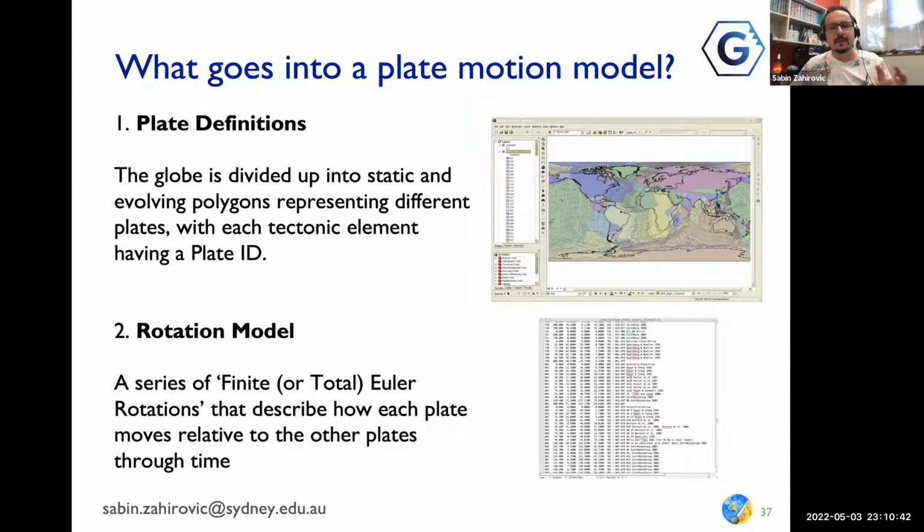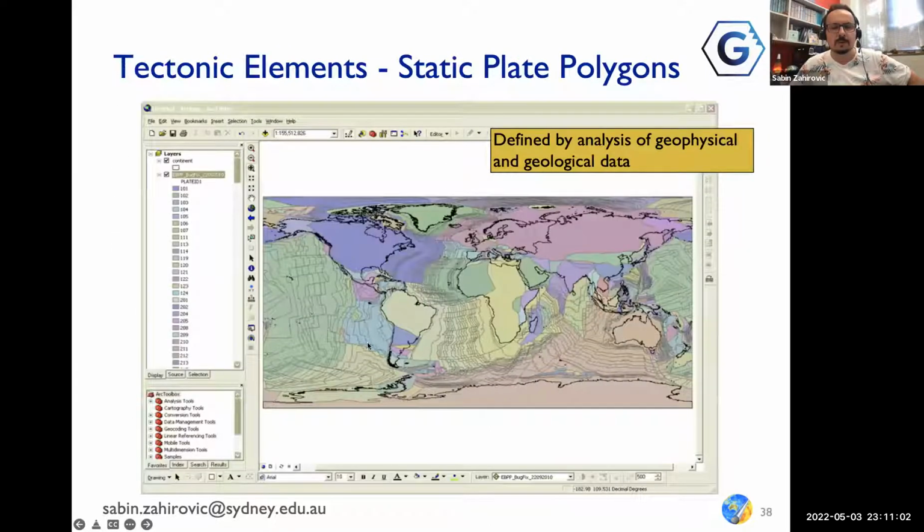That's the standard way that GPlates stores geometry. Now, to move these geometries around, it uses what we call the rotation model, or a rotation file, and it's just a plain text file with a number of columns, and we'll talk a little bit about that.